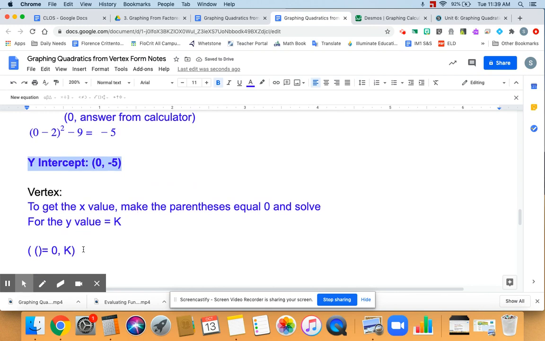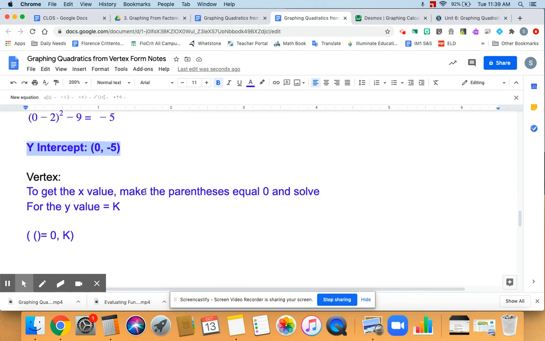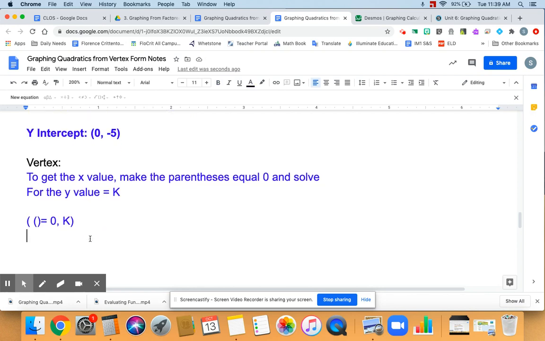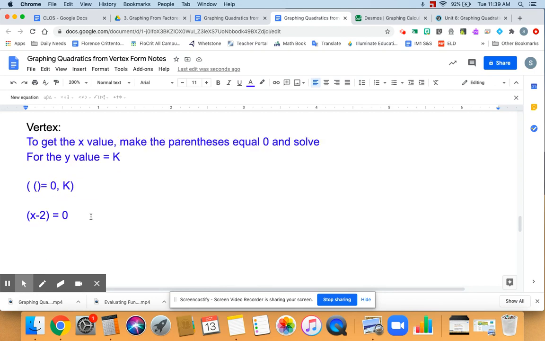And finally, for the vertex, for the x value, I have to take the parentheses and make it equal 0. So the parentheses right now is x minus 2. I need to make it equal 0, and then I need to solve for x. So how do I solve for x?